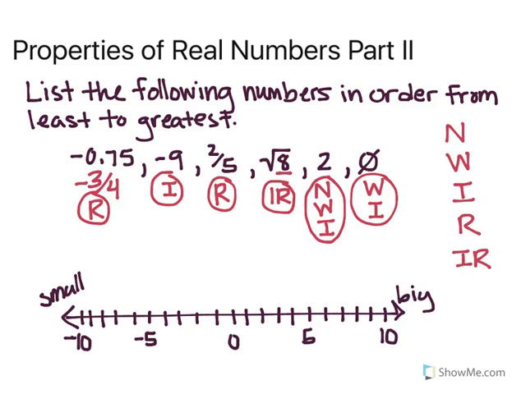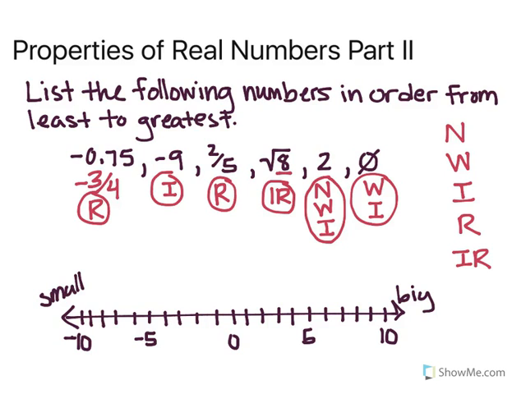We have negative 3/4. Now that is not bigger than 1, so it must be contained somewhere between -1 and 0. And 3/4, if you think about it without being negative, is going to be closer to the whole number 1 because it's greater than 1/2.